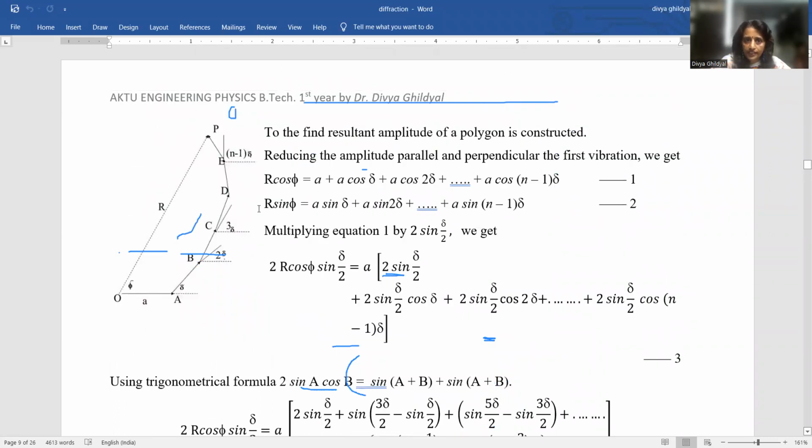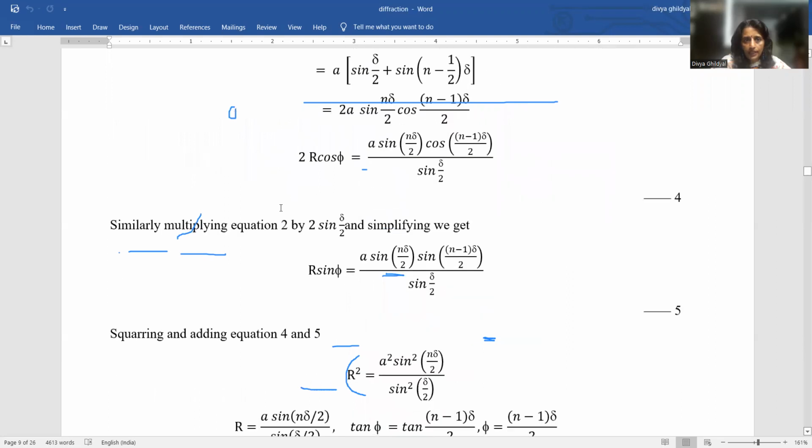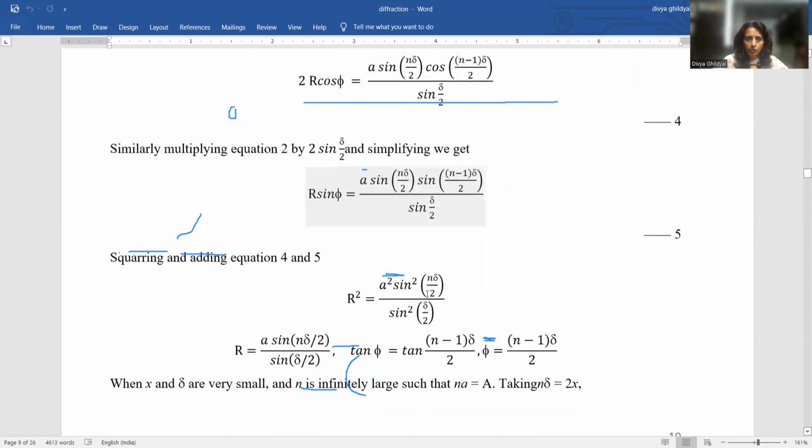I can do the very same thing with equation 2. Here, cos is missing. So I will multiply equation 2 by 2 sine del by 2, and simplifying it, the vertical component comes out as r sine phi is equal to A sine n del by 2 sine (n minus 1) del by 2 divided by sine del by 2.